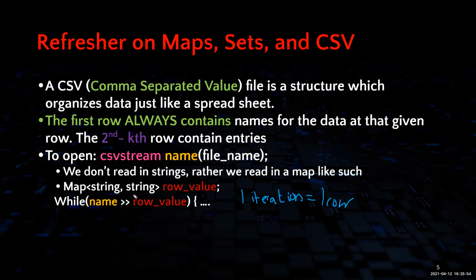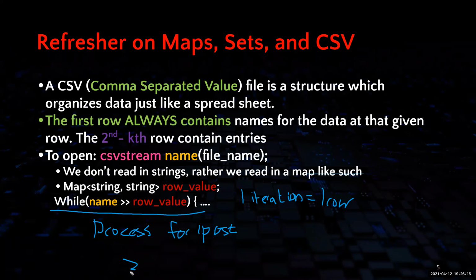So let's say I say while name, I read in row value. I can go ahead and process for one post, and after I process that one post, I'll process the next post and the next post. So this right here is just a structure. I'm basically saying this is how you initialize your CSV file to actually read in from it. Inside here, you're going to process your data.